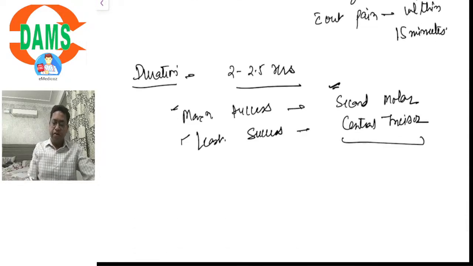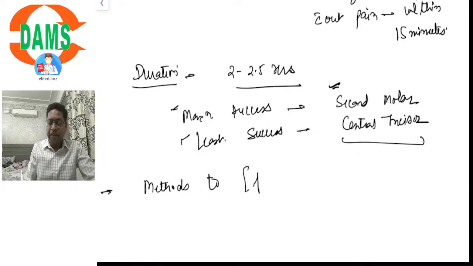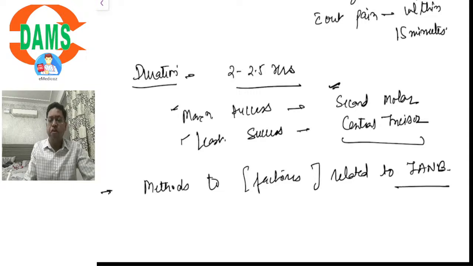Now, we all know that there is a good probability that inferior alveolar nerve block would not be successful. So there are methods, or we can say factors, related to success of inferior alveolar nerve block.